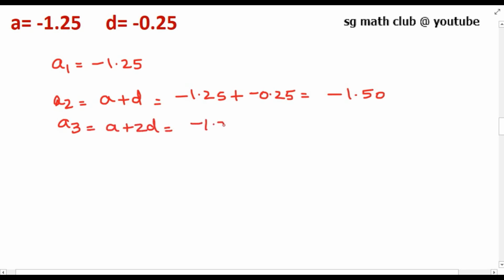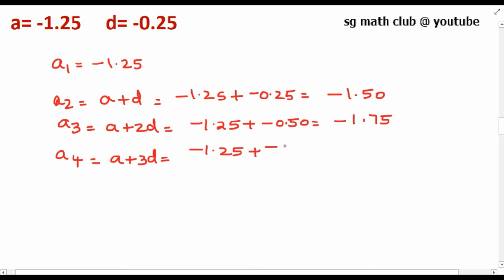So minus 1.25 plus minus 0.50, which is equal to minus 1.75. And A4 is A plus 3D. So minus 1.25 plus minus 0.75 is nothing but minus 2. So my 4 terms are minus 1.25, minus 1.50, minus 1.75 and minus 2.